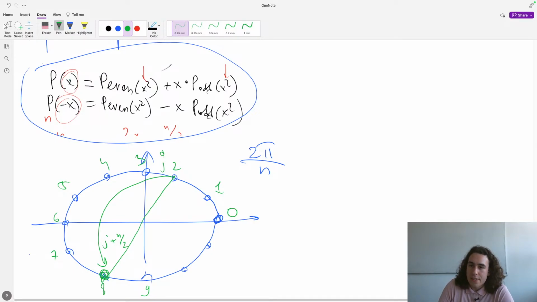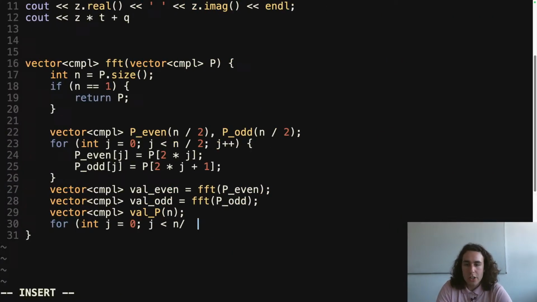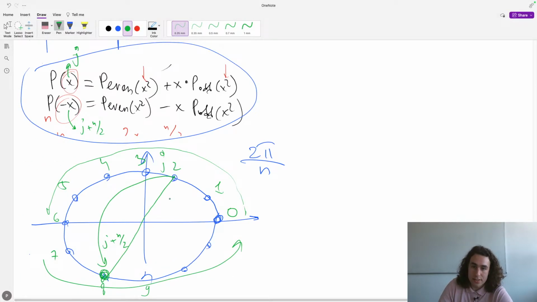So let's say that this x is the jth root that we're interested in, and this is going to be the j plus n halved root. So actually we only go through the first n half roots, and while we calculate them, we also calculate minus them, which are these ones. So we go through the first half, we compute what is x, right?